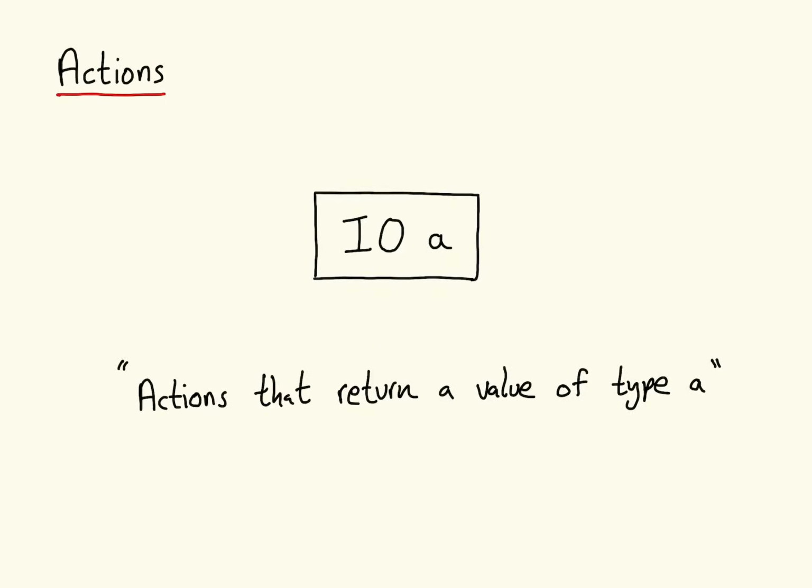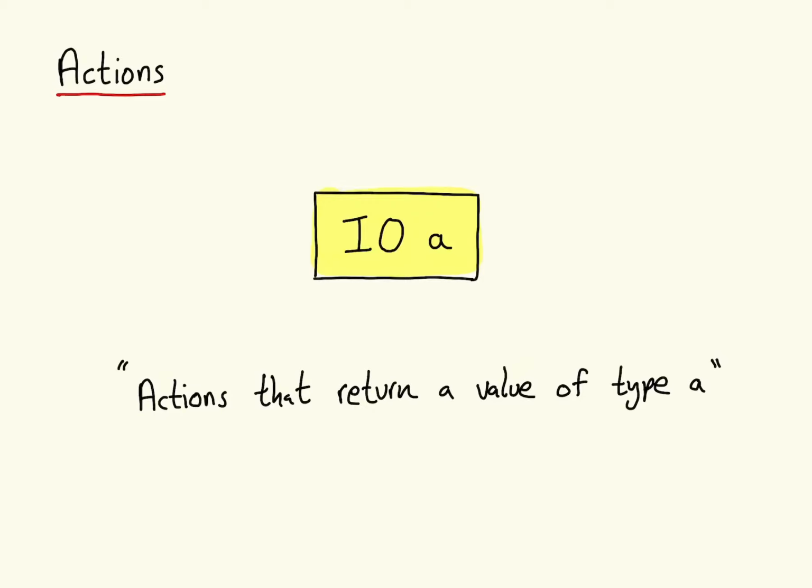So how does this actually get realized in practice? So in practice, what you have is a type of so-called actions. And that's this type in here, highlighted in yellow. So the type I/O of A, this is impure actions that eventually will return you a value of type A. And the idea is that if you have a program of type I/O of A, it may interact with the outside world.